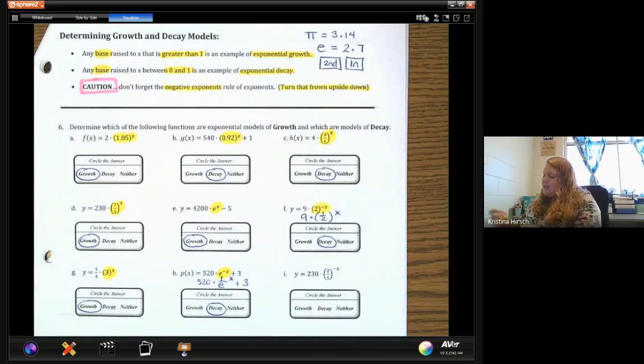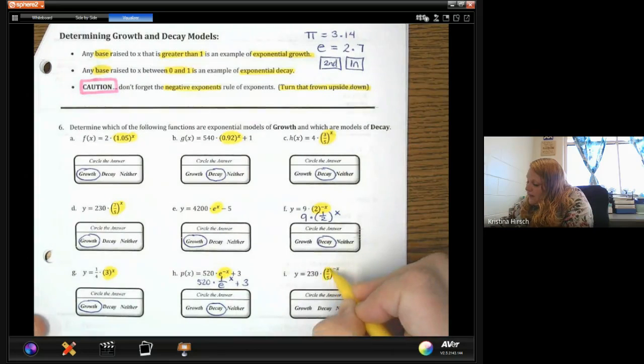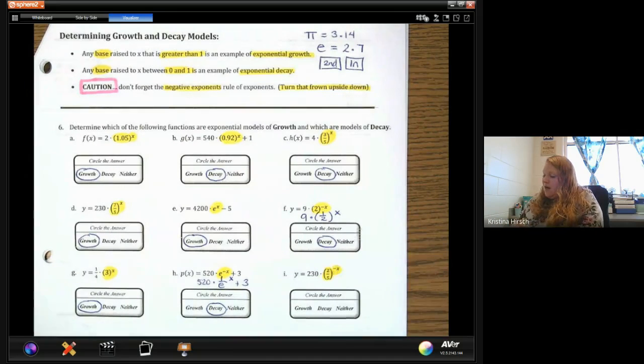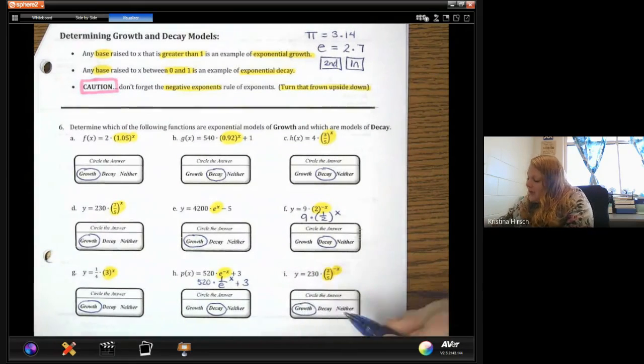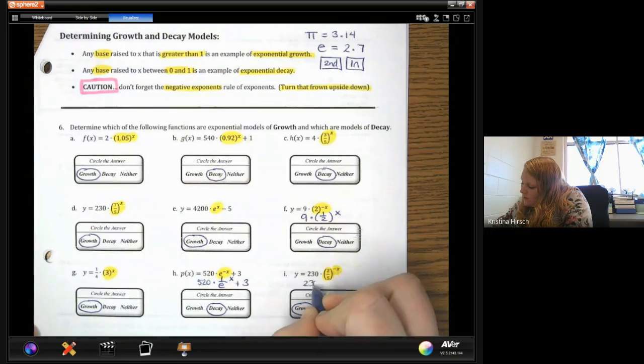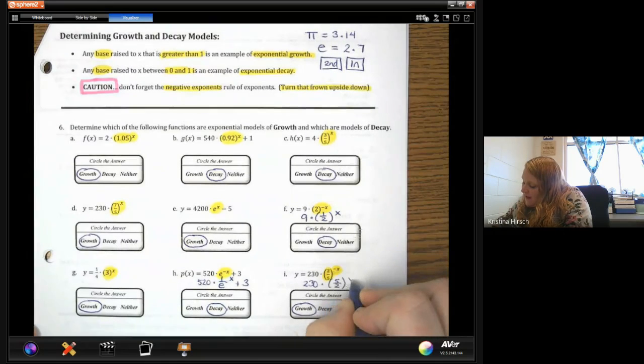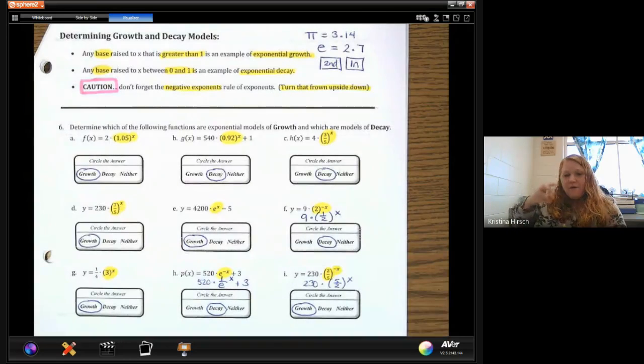And then the last one, we're looking at 2/5 to the negative x power. Again, I think it's decay, but then it's like, nope, just kidding. It's going to be growth. The reason why it's growth is because it would be 230 times 5 over 2 to the positive x, because we have to turn that frown upside down.